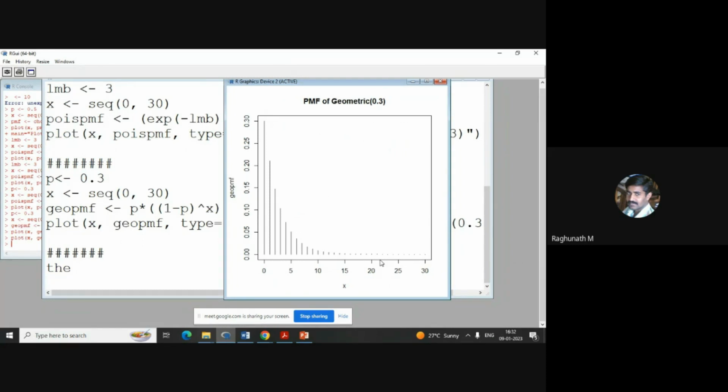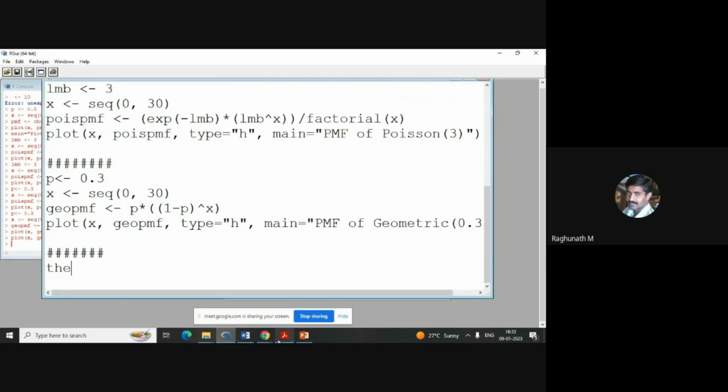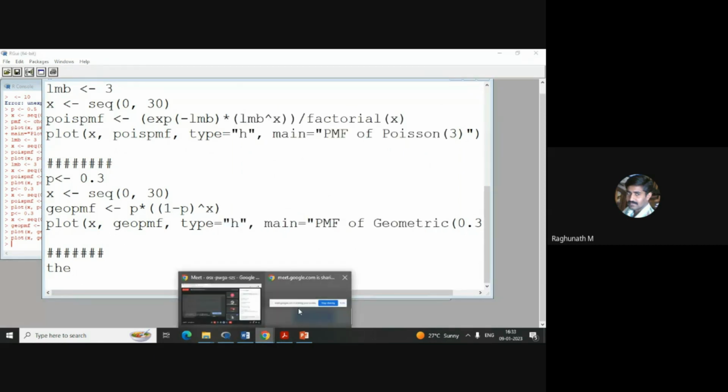That's why I told you this is a discrete version of what we are going to consider, the exponential distribution. Clearly you can observe there is an exponential decay here. I hope I have answered your question.